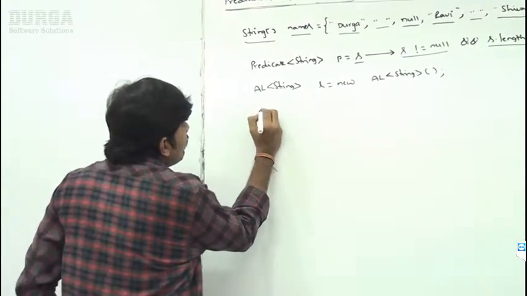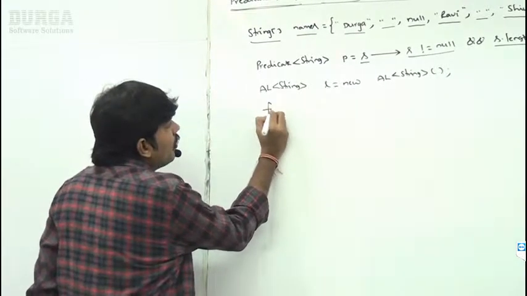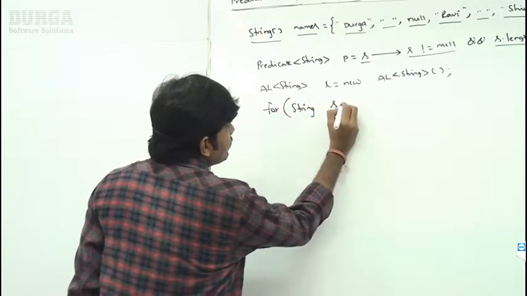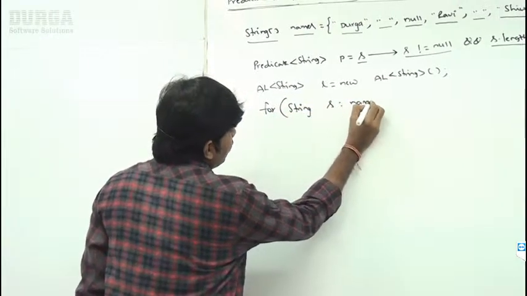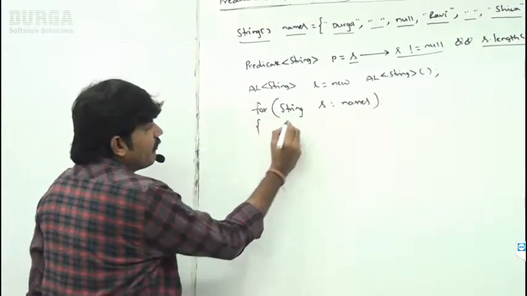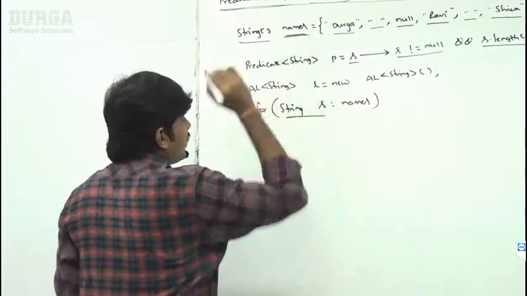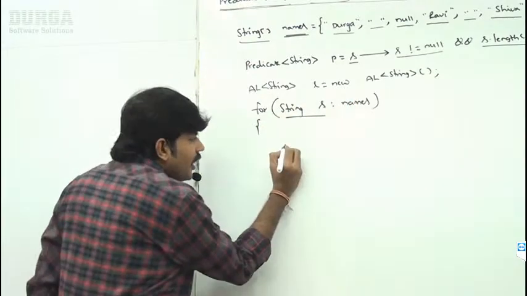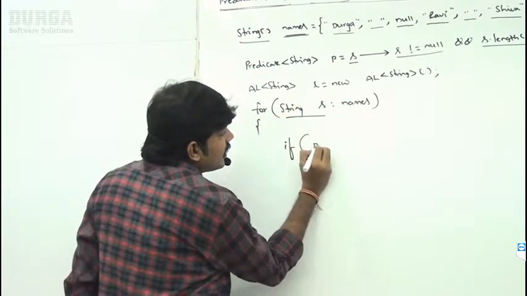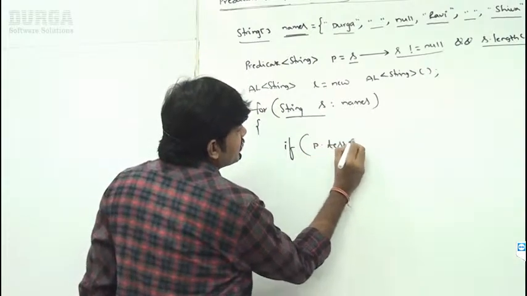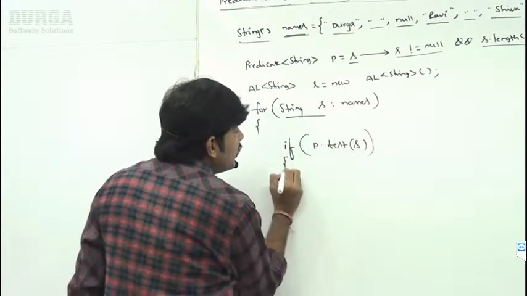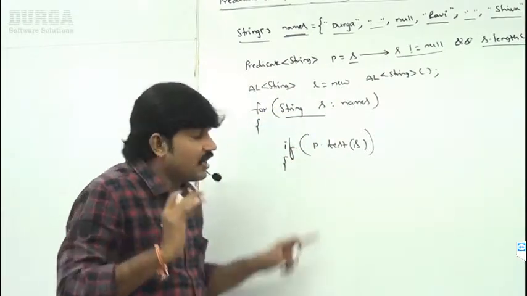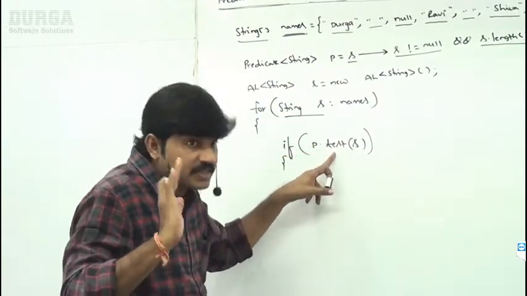Now here, for each String s in names, for every string in this array, if p.test(s), I am calling the predicate's test method.